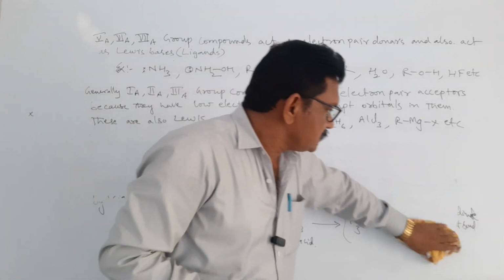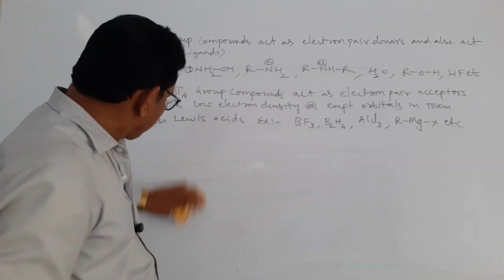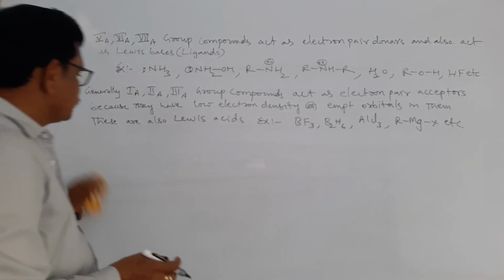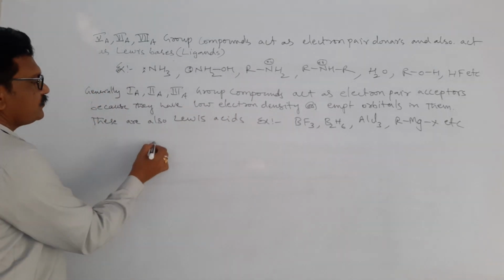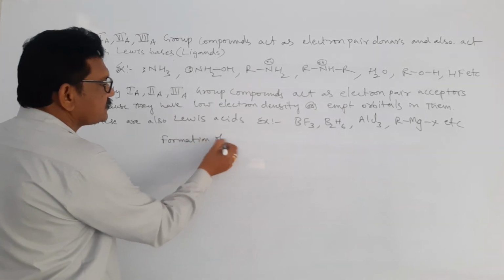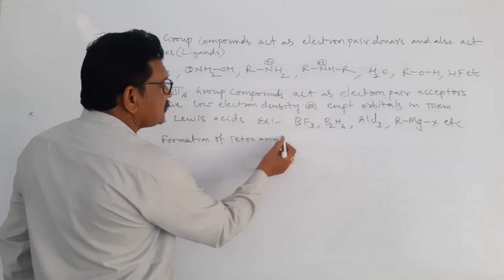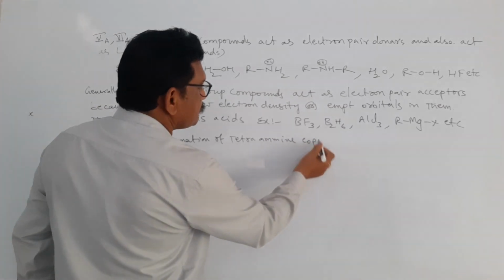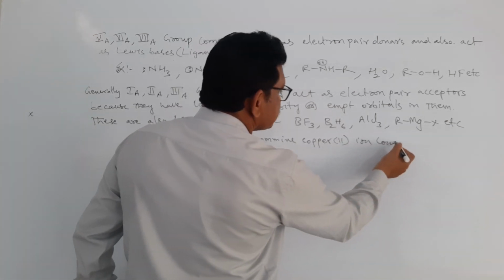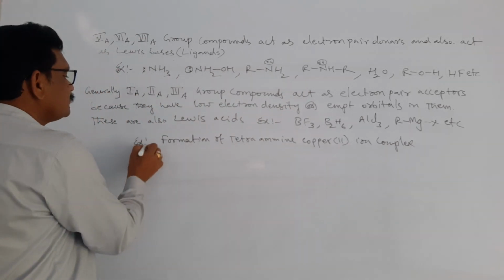So I give you some extra matter also for the purpose of entrances like NEET and IIT. See, the formation of the tetraammine copper(II) ion complex is a better example to understand coordinate covalent bond.